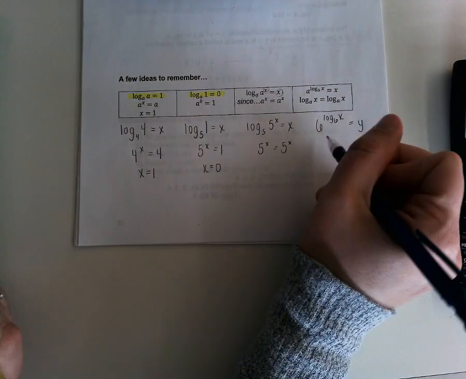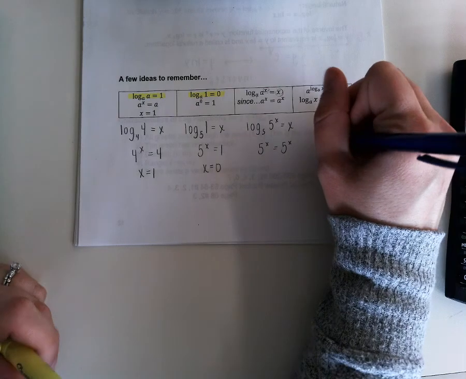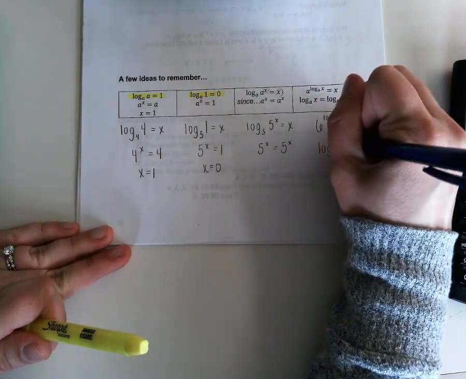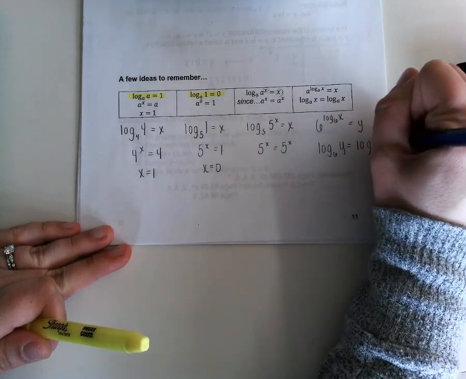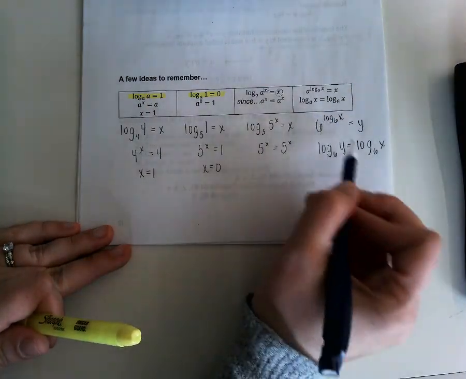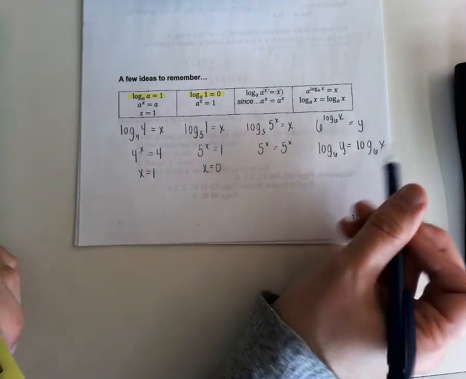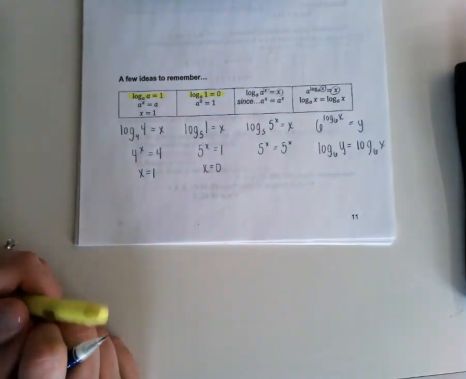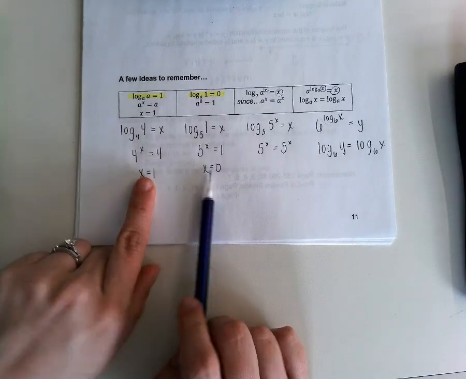If I wrote this in logarithmic form, this would be log base 6 of y equals log base 6 of x, because the exponent goes down to the other side. So that means essentially that y and x would be equal. It means that these are the same. These two you won't see that often, but these two you will see all the time.